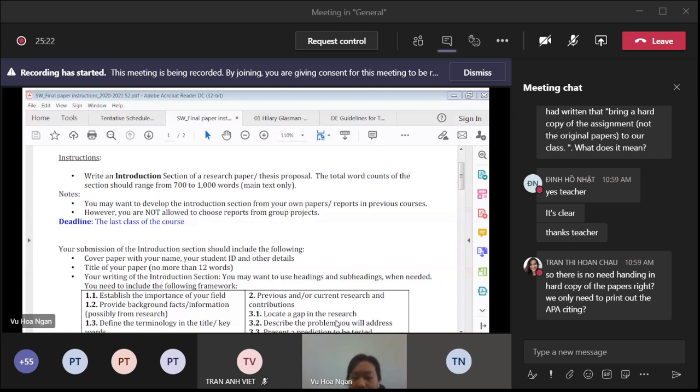Right, you don't have to print out the originals. The originals mean the full publications. You just hand in the homework assignments, the referencing, and you also need to do, yes, a few pages, right? You don't have to print out everything. Any questions?